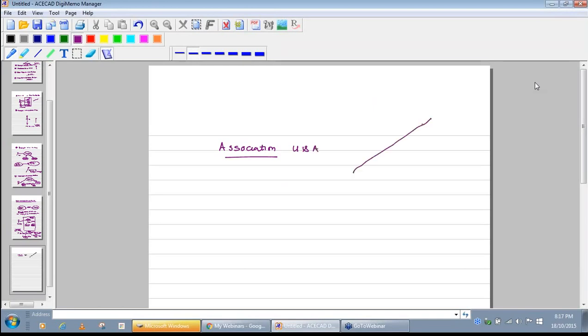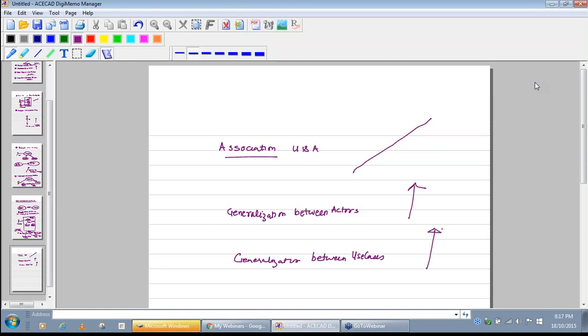This is the notation for generalization between actors. This is the notation for generalization between use cases.